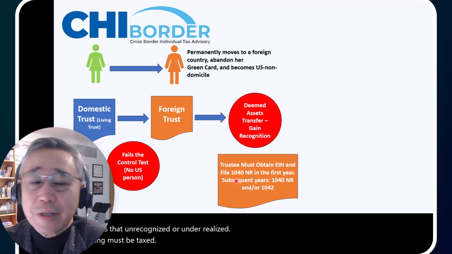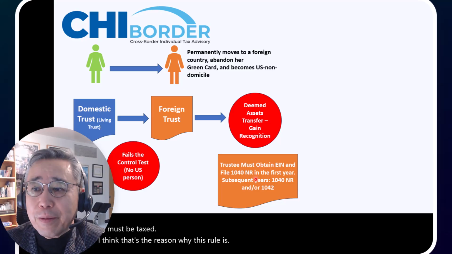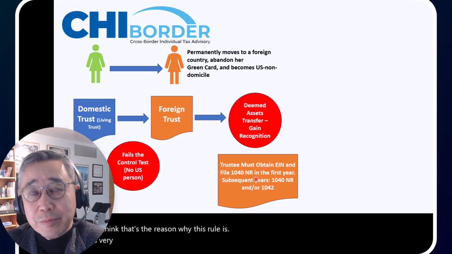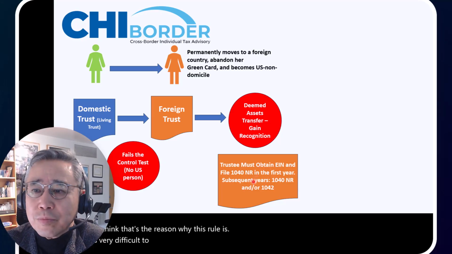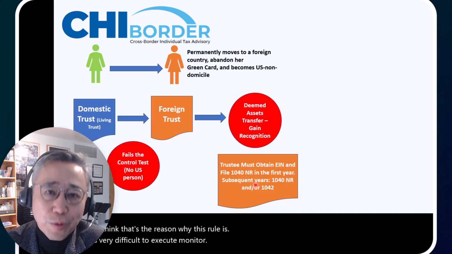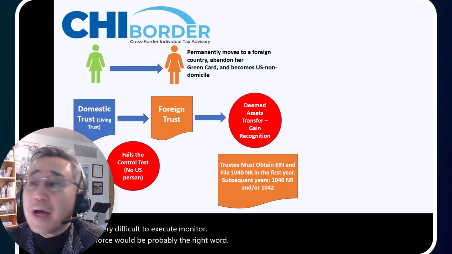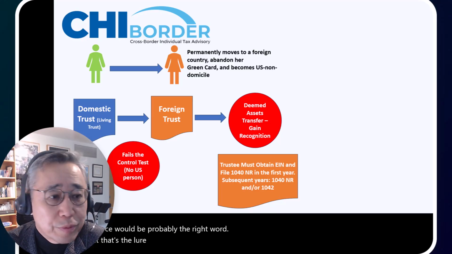So I think that's the reason why this rule is very difficult to execute, monitor, enforce would probably be the right word. But the rule is the rule. It's there.